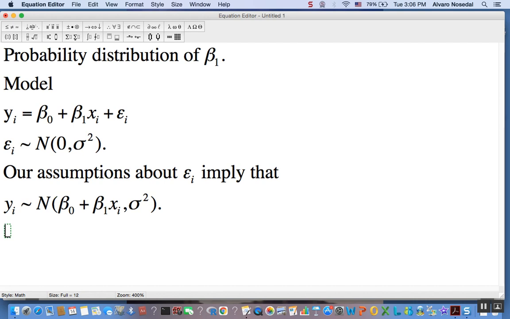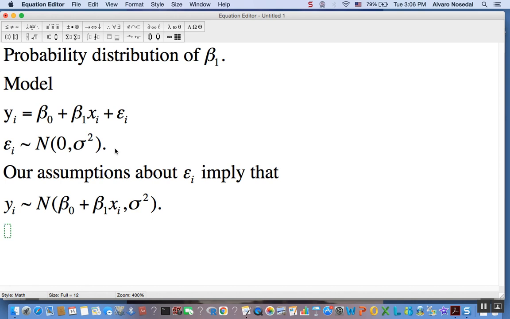As we are about to see, these assumptions about the epsilons also have distributional consequences for beta 1.